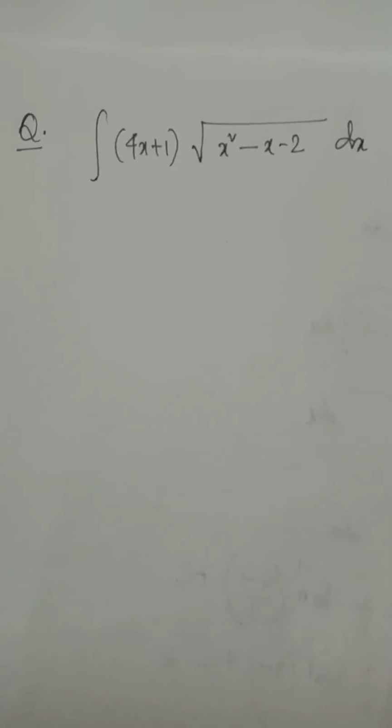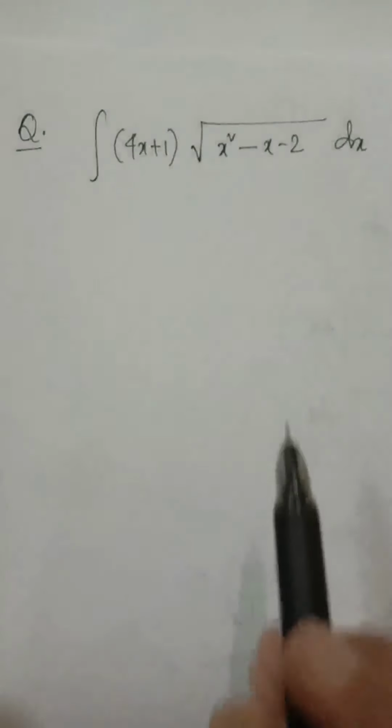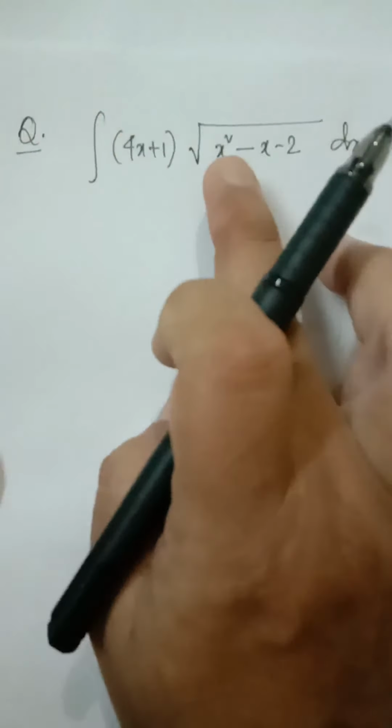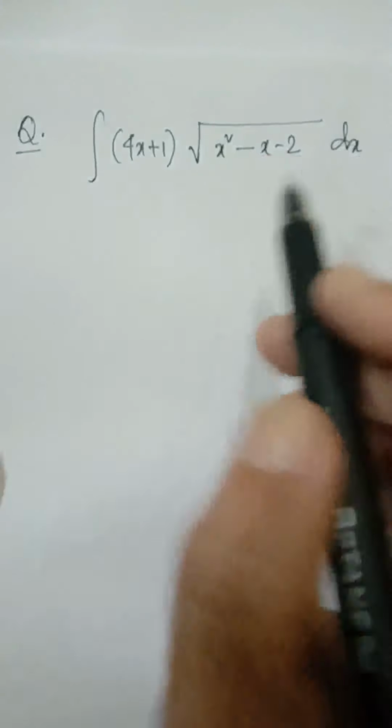Let us integrate this one, 4x plus 1 into root over x square minus x minus 2 dx. This integral is of the form px plus q into root over ax square plus bx plus c.